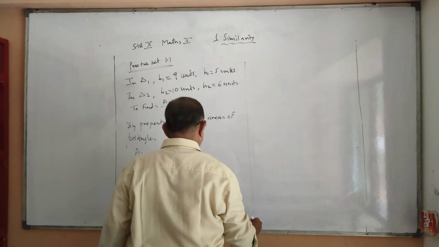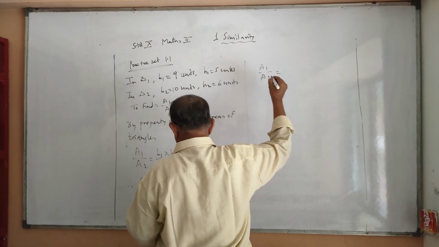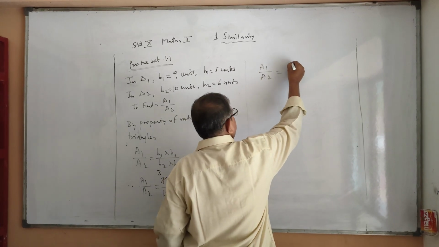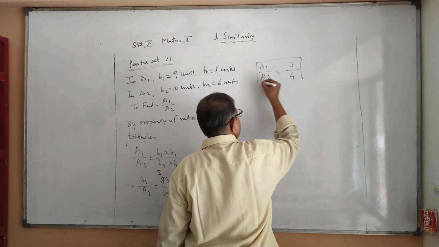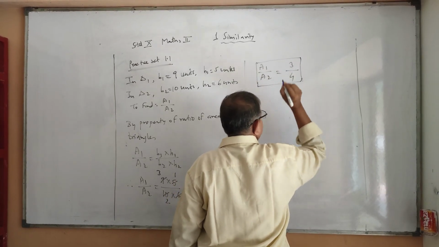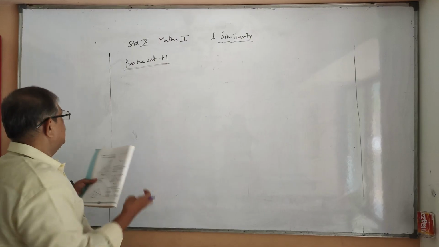And so I get A1 upon A2 is equal to 3 upon 4. This is my answer. Now question number 2.